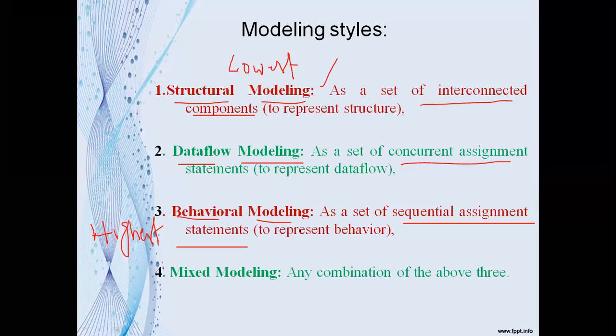Hope you understand the difference between structural, data flow and behavioral. Remember, I'm repeating again: in structural modeling we use components to design the system. In data flow, we use concurrent assignment statements. Or in a simple way, you can understand data flow modeling as using logic expressions and mathematical expressions. You can straight away implement the logical and mathematical expressions using concurrent assignment statements in data flow modeling.